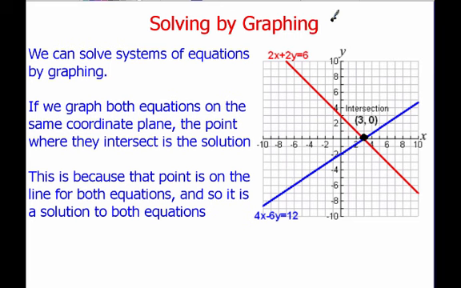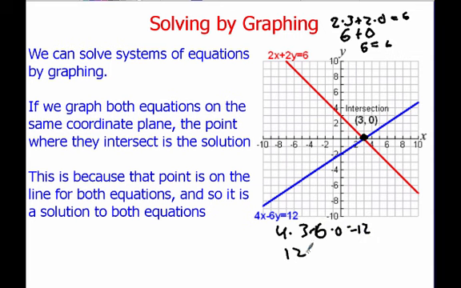If I test it out, 2 times 3 plus 2 times 0, does that equal 6? Well, 2 times 3 is 6, 2 times 0 is 0, 6 plus 0 equals 6, 6 equals 6. So we know 3, 0 is a solution to that equation. Then down here, 4 times 3 minus 6 times 0 equals 12.